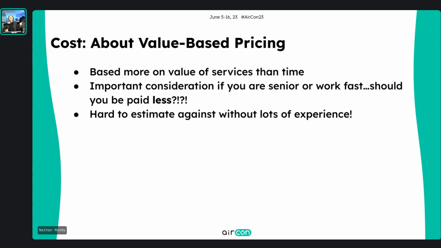It's also hard to estimate without a lot of experience. So if you're slow and your estimates may not be accurate, should you be paid more? That doesn't make sense either. So to simplify how you think about value provided, I have two pieces of advice. Number one, just change your cost.